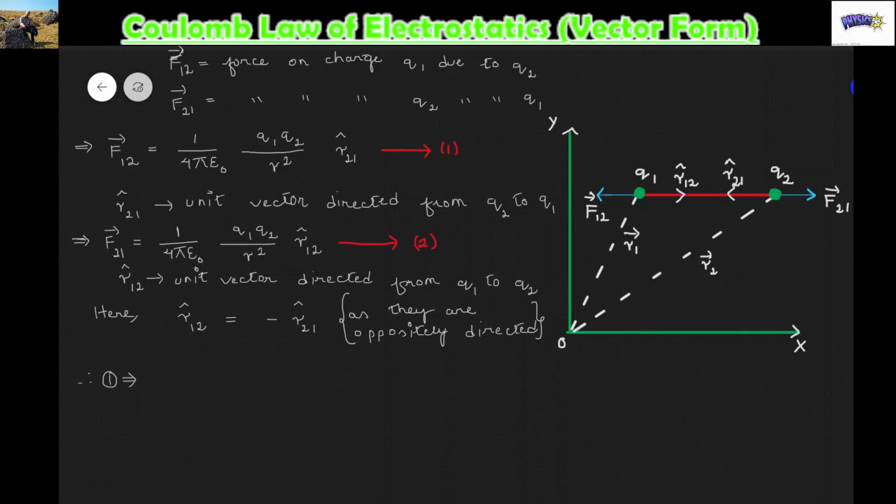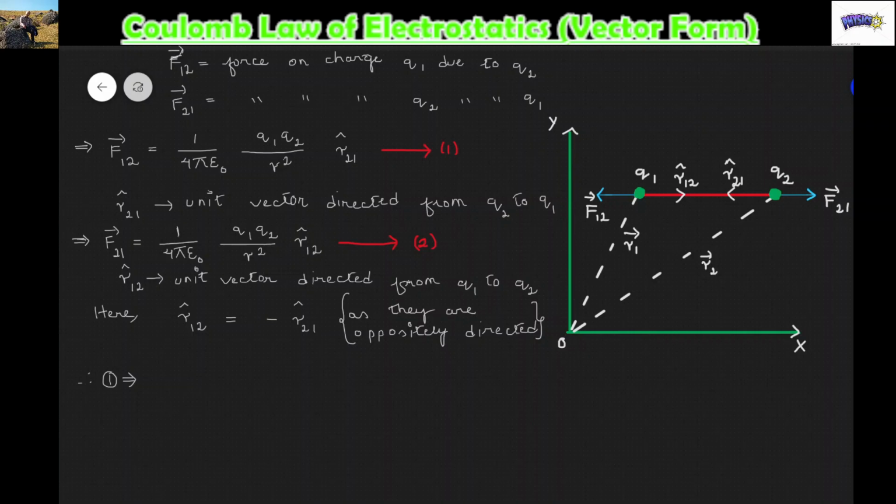And this Coulomb's law of electrostatics is very peculiar in the sense that it explains this force of interaction. It might be attractive or repulsive between 2 point charges located in space.